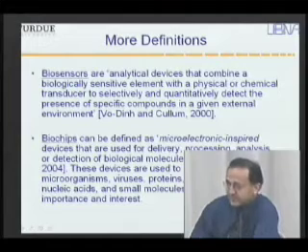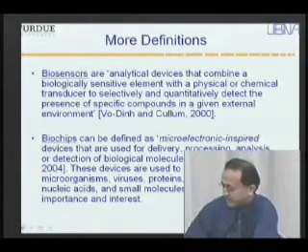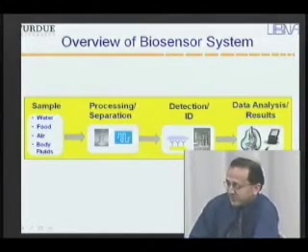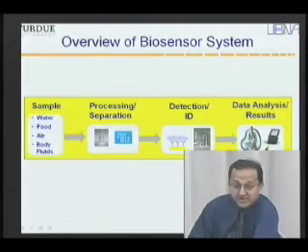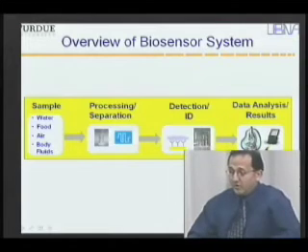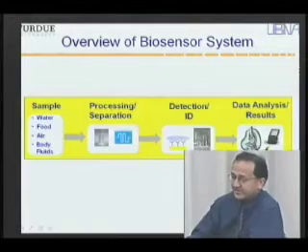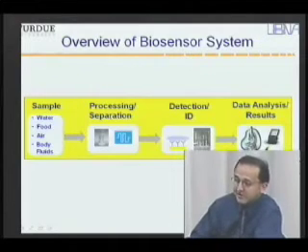So an overview of a biosensor system would be something along this line shown here on this slide, where on the very left you have a starting sample. The sample could be water, food, air, or some bodily fluids. You might want to do some processing and concentration steps to extract what you're looking for and to eliminate what you don't want to detect.